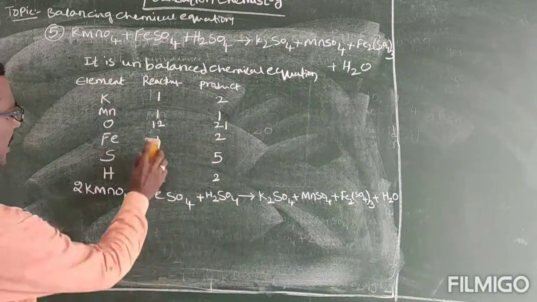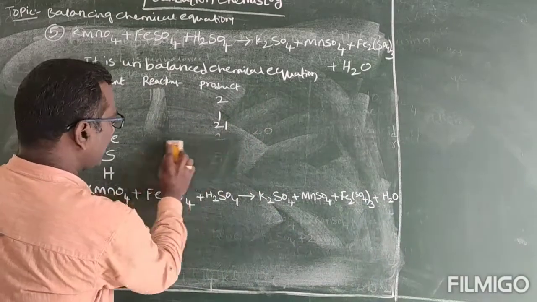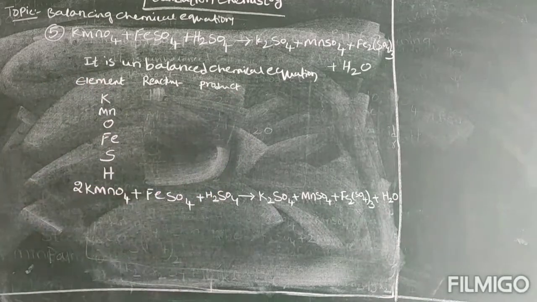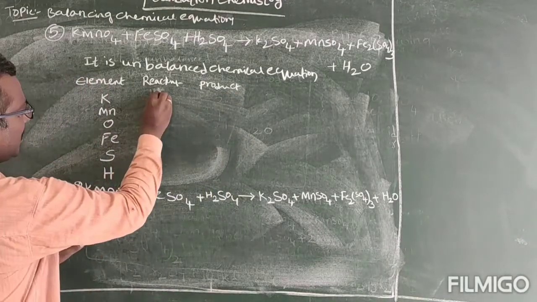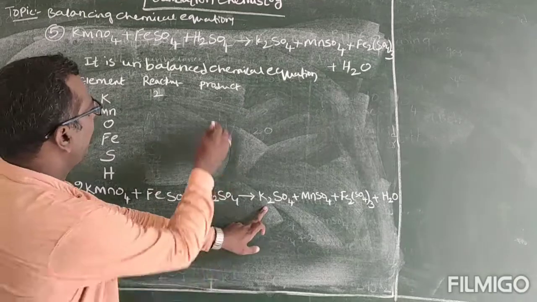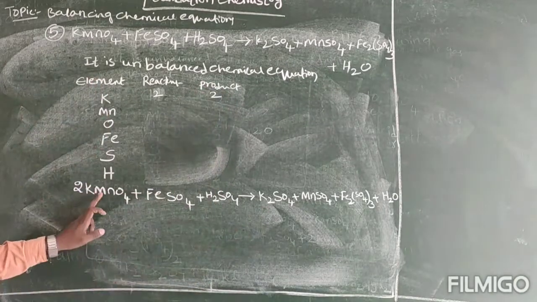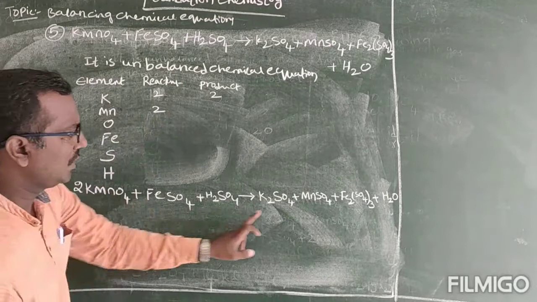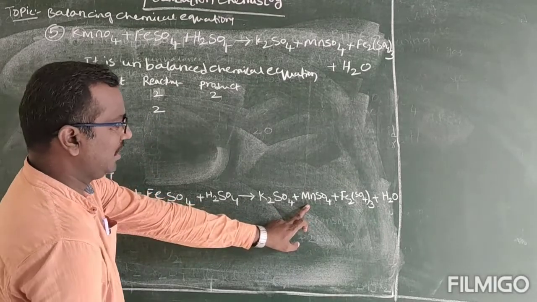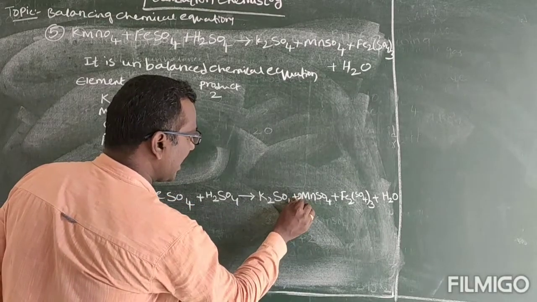Now again this reactant and product side we will have to write. How many? Potassiums are 2, reactant side and product side also 2. Manganese are 2. Here it is 1 only. So let us balance it here directly.